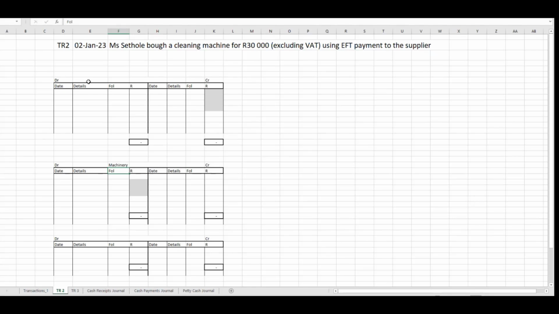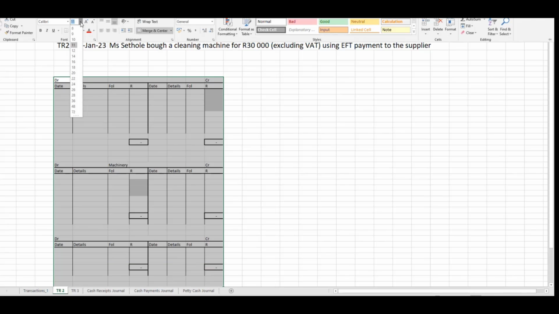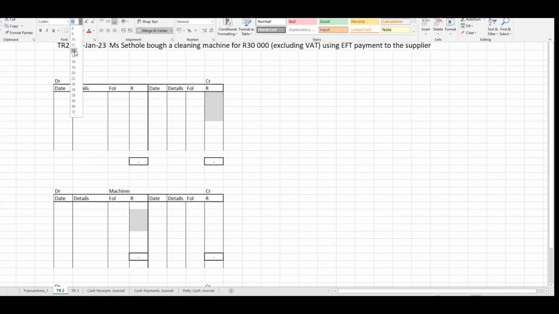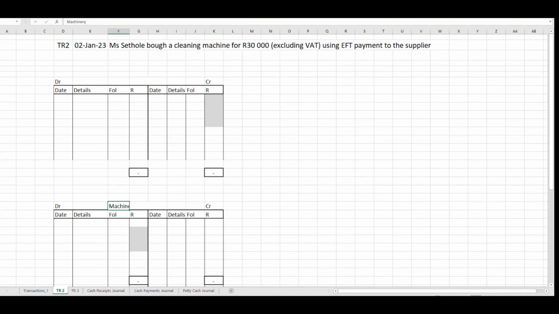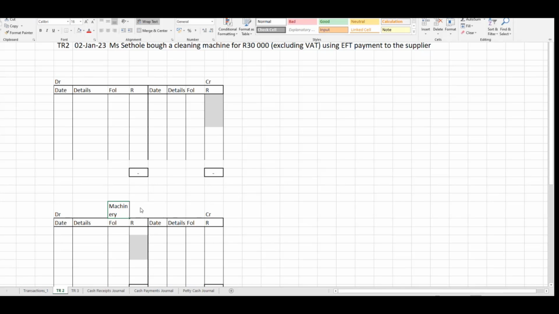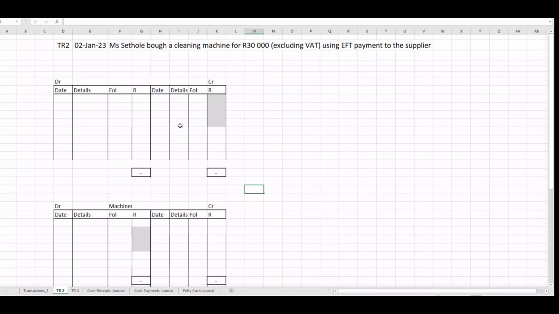And two, because we paid cash, is the bank account, which is also affected. The amount we bought it for is 30,000. But remember, this 30,000 does not include VAT.